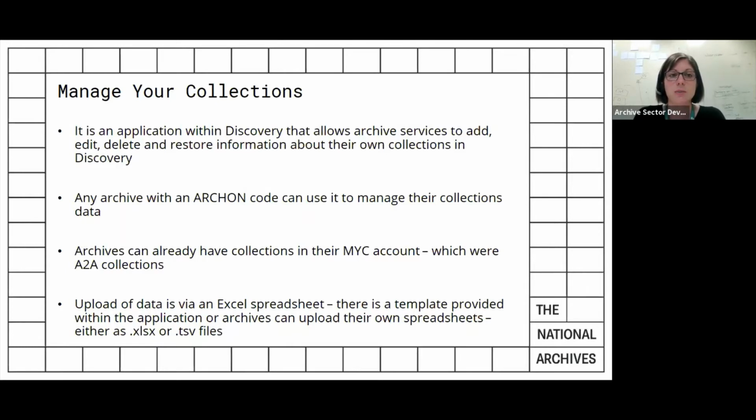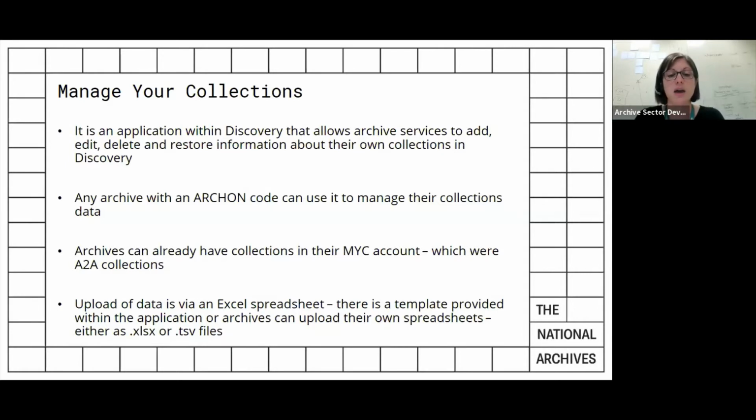So, as Joe said, over 250 archives are using the system now, and archives use the system in a variety of ways. We have some archives that use Discovery as their sole online catalogue. We have some archives that mirror information in their collections management system and then in Discovery. And we also have archives that use Discovery essentially as a signpost.